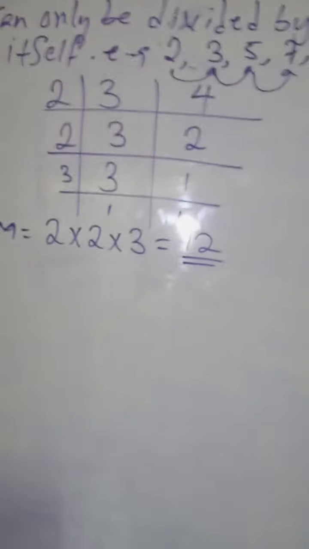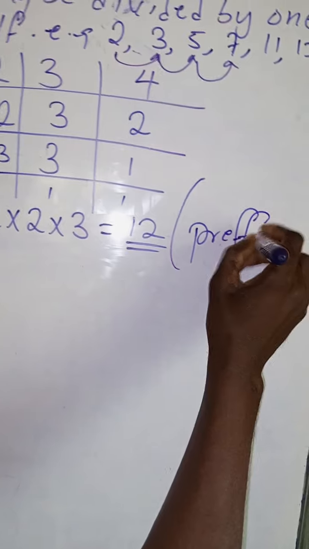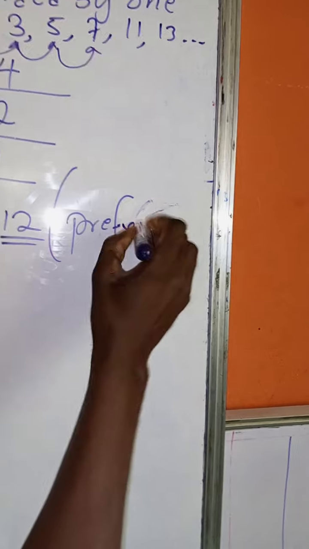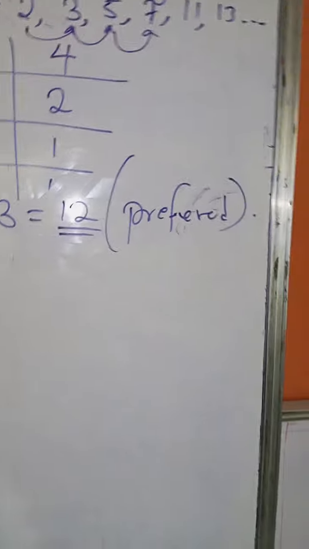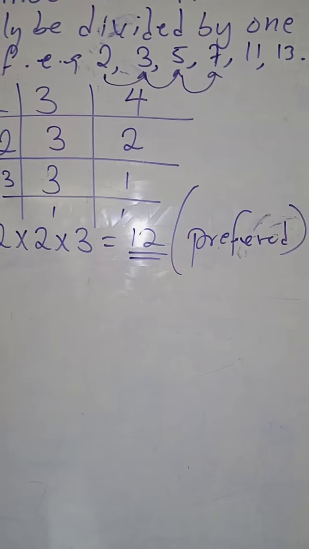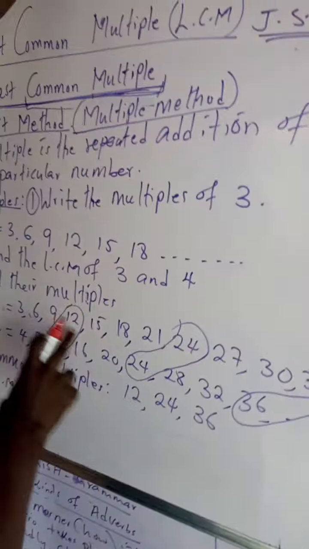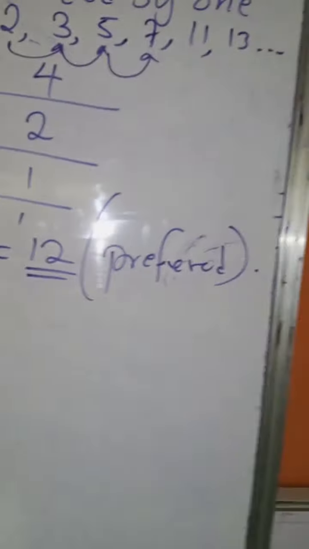But to me, this is my preferred method. Why? Because this prime factor method of LCM can solve big numbers, while this multiple method may cause problems, because generating the multiples may give us problems. Let's look at the second example. Example 2.